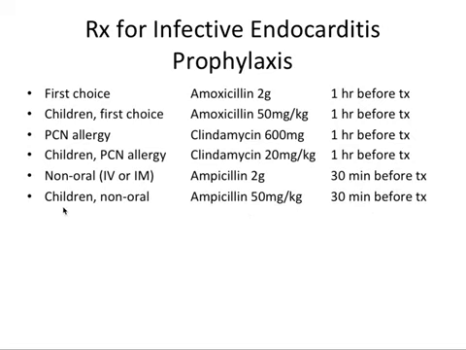And for children, if you're giving it non-orally, same thing, ampicillin, 50 milligrams per kilogram. Note the consistency in dosage between the amoxicillins and the ampicillins, and again, it's taken 30 minutes before dental treatment, less time because it's given IV or IM. So those are the 6 most common numbers and lists of drugs that you'd have to remember for a given patient case.